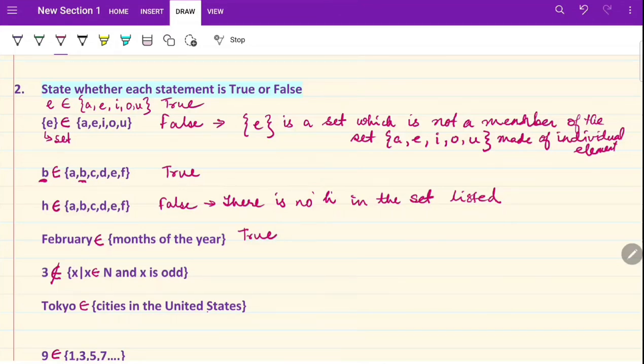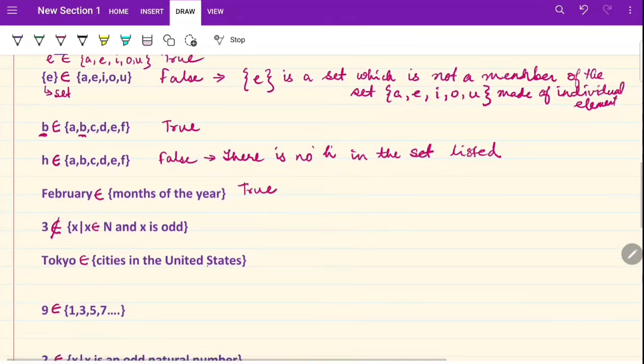So this is true, and it's pretty obvious. The next one says 3 does not belong. To indicate that something is not a member of or does not belong to a set, you write your belong symbol and then cross it out with a diagonal. So 3 does not belong to the set.